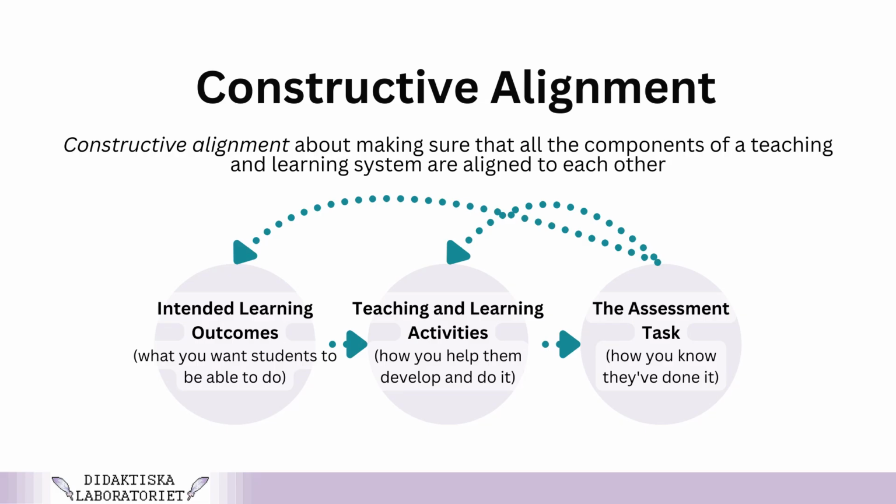That's the intended learning outcome, what they're intended to have been able to do at the end. And then next, how you will help them to develop those skills and to have them actually engage in them. And then finally, the assessment task is meant to help you know that they actually learned something. Let's look at some examples of what poor alignment or strong alignment might look like.